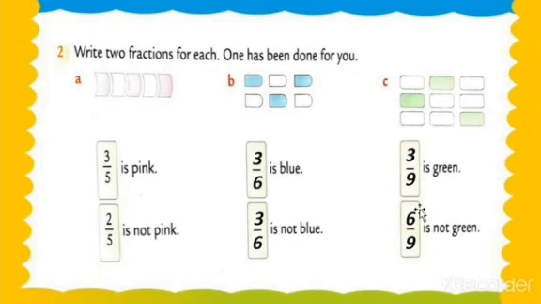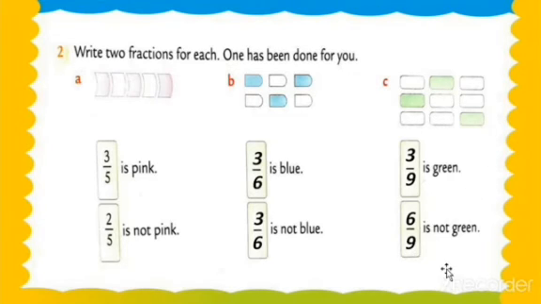Now let's check the numerator. First is green, so how many blocks are green? 1, 2 or 3. There are 3 green blocks. So how do we write the fraction? Like that, my dear students, 3 upon 9 is green. And how many are not green, meaning not shaded by green color? 1, 2, 3, 4, 5 and 6.